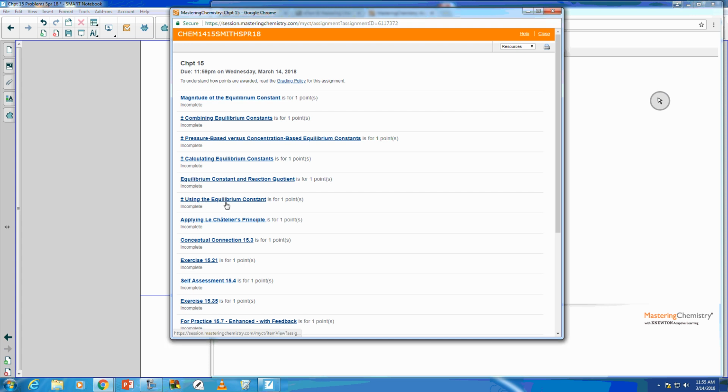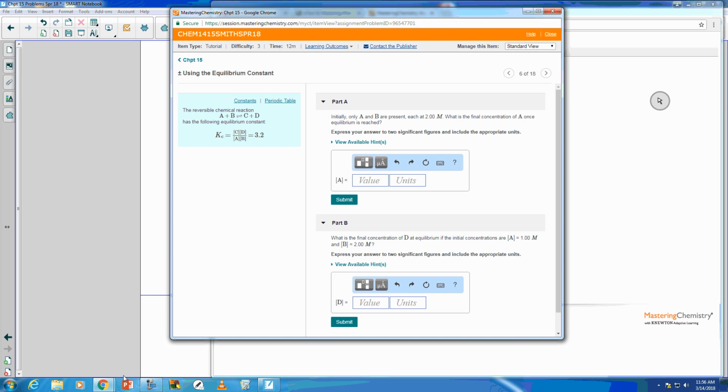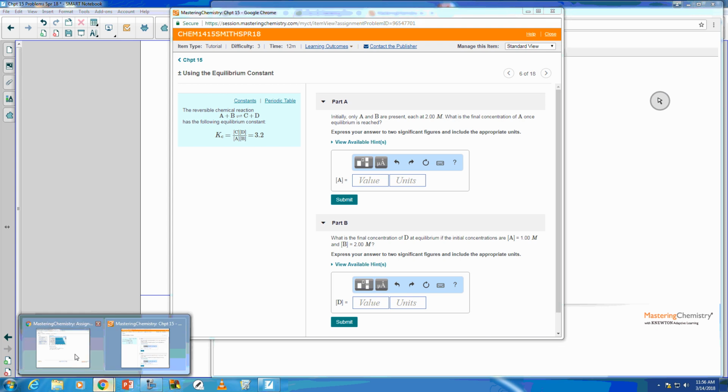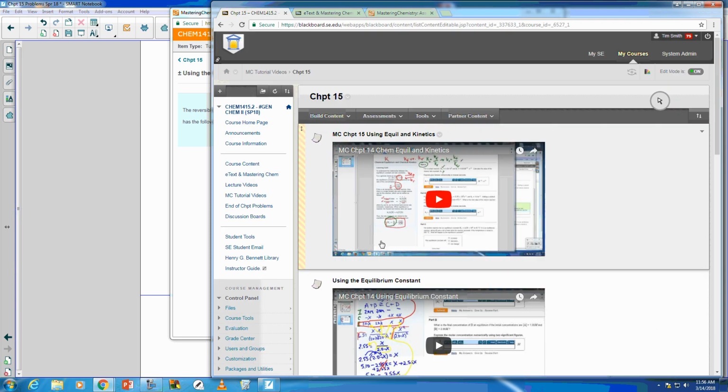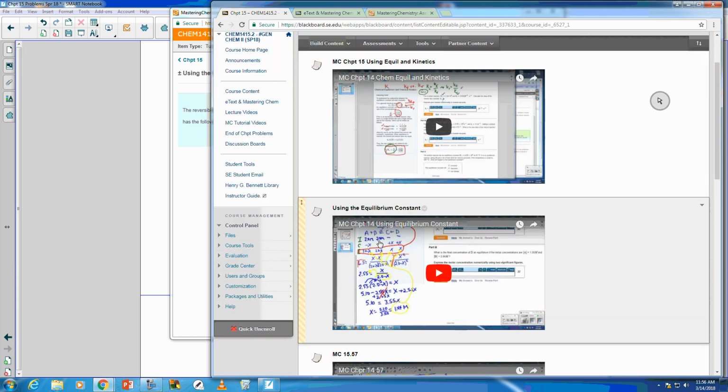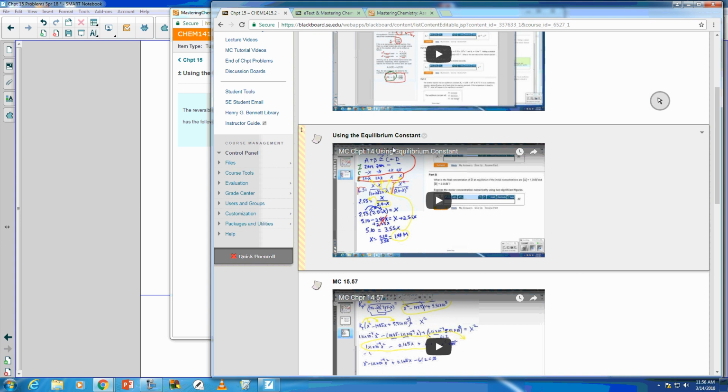So this 6 right here. Yes, sir. All right, so using equilibrium constants. Make sure there's not one for that. Yeah, I think this is using equilibrium constants. I think that's that one, I'm pretty sure.